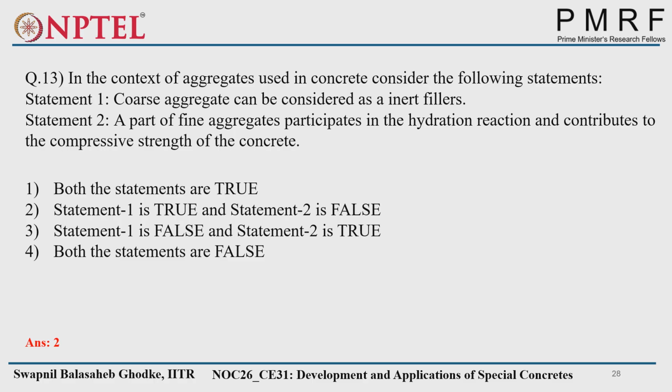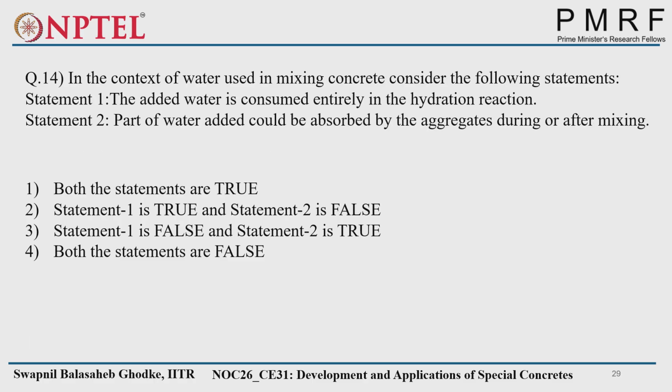Maybe you have seen it normally: suppose we are casting something at home, and there is a little bit of soil, if you put it into water and place it somewhere, after some time it will crack. So a higher amount of silt is responsible for cracks. That's why silt content is a major concern in river sand. But nowadays river sand has been banned, so most people are using manufactured sand only.